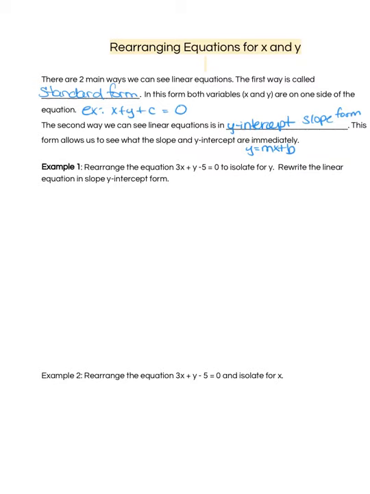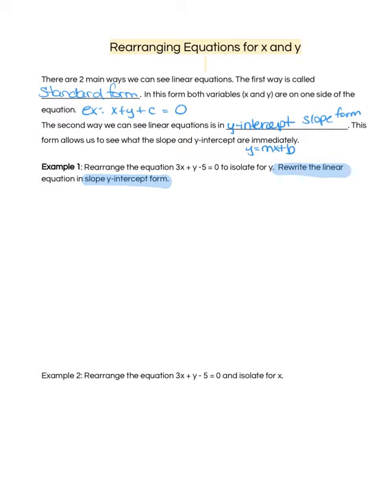So instead of getting a number at the end of these equations, we just want to isolate. And isolate means that we want to rewrite the equation either in slope-intercept form or in standard form. So for the first equation, I have 3x plus y minus 5 equals 0.